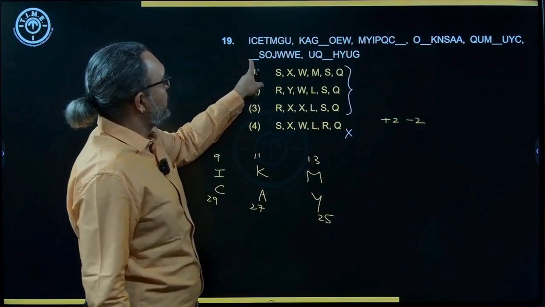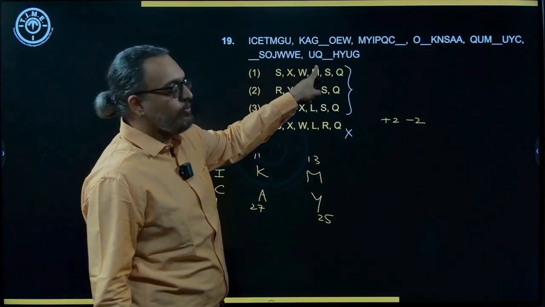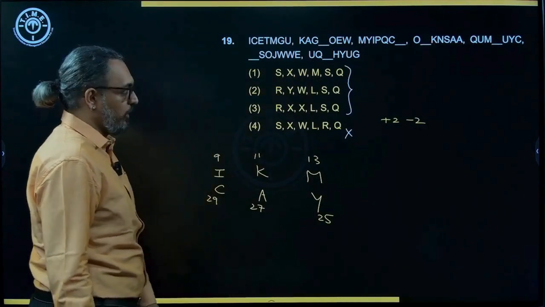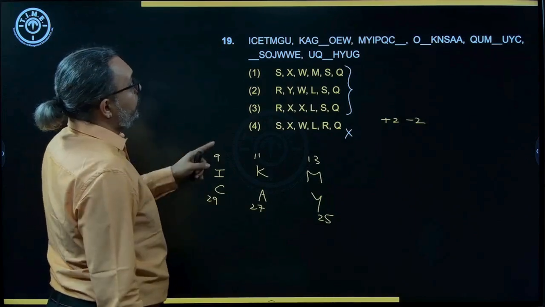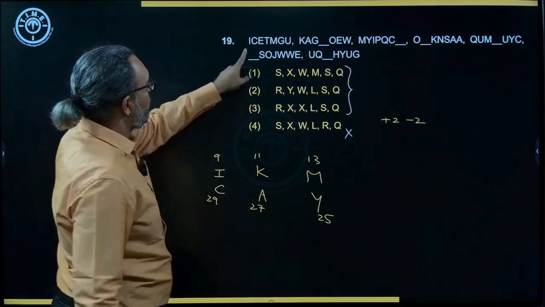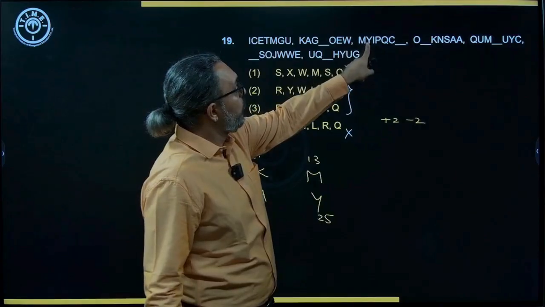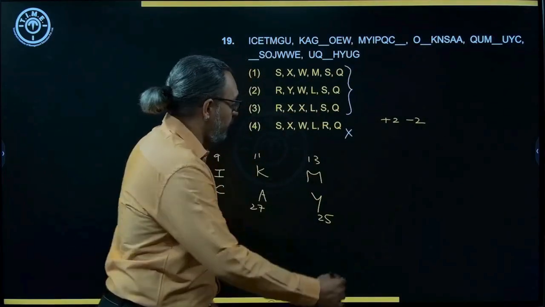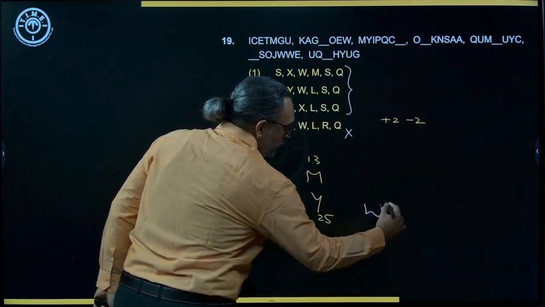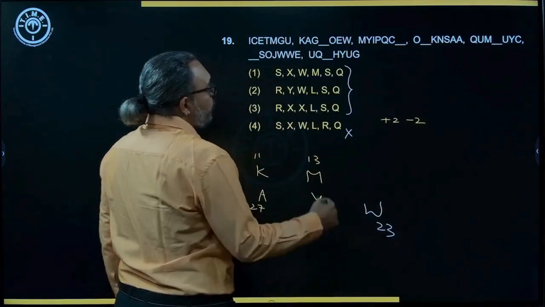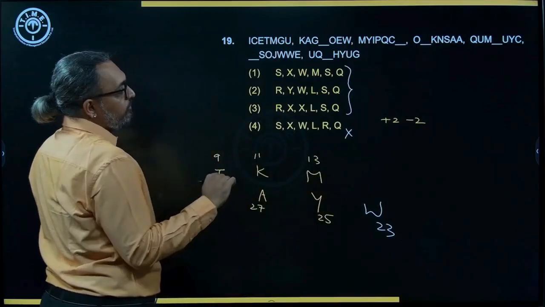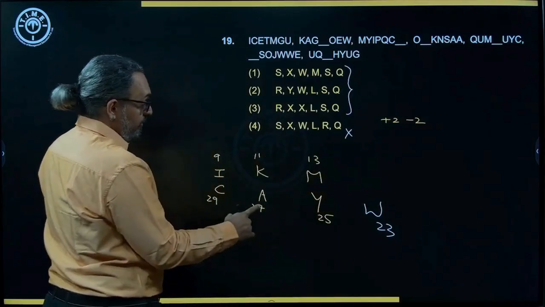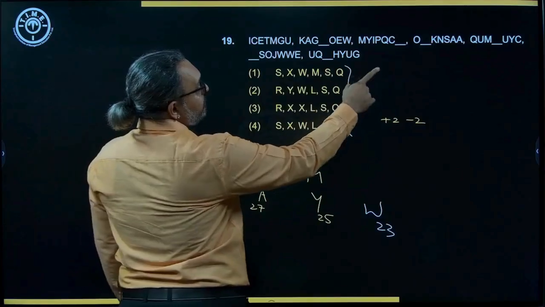And after S, 19 plus 2, 21, U. So we know S is available. Then you can now look into the second alphabet. So here this is minus 2, minus 2. Now 25 minus 2. What is 25 minus 2? 23. So 23 is a W. So you have a S, you need a W. That is the second alphabet.